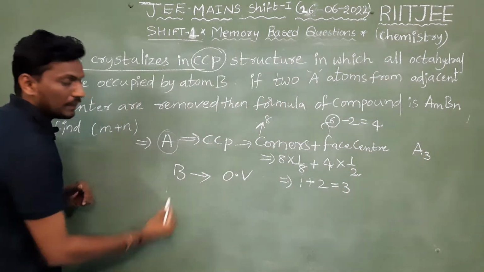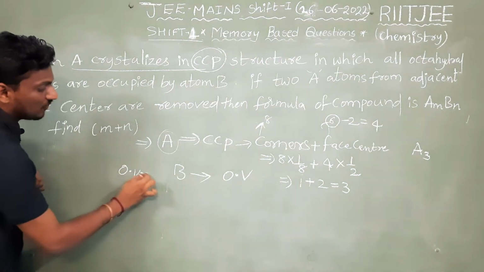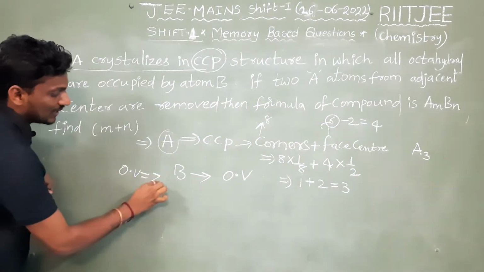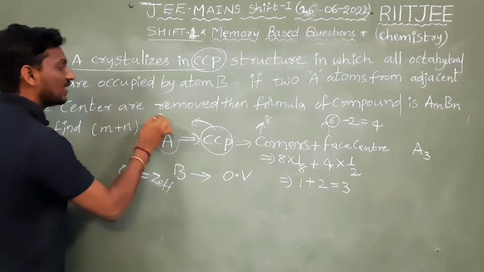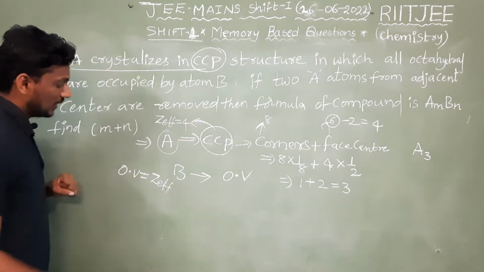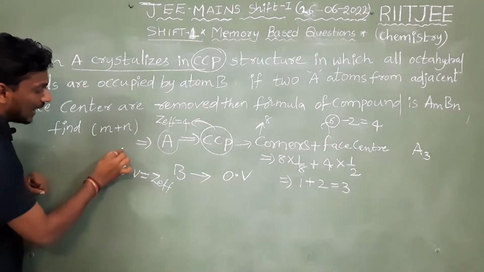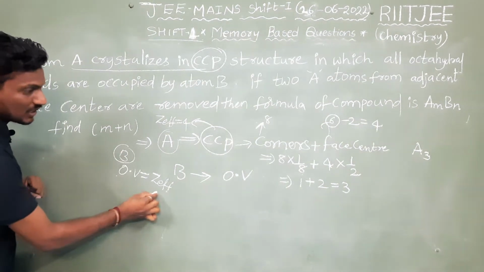Next let us move to the B. We know that the number of octahedral voids is equal to Z effective. Now when they are telling CCP, the Z effective is equal to 4. Here B atom is occupying the octahedral voids, so that is Z effective, that is 4.